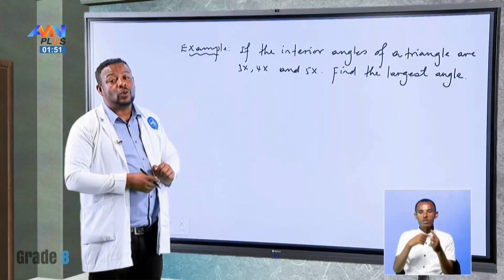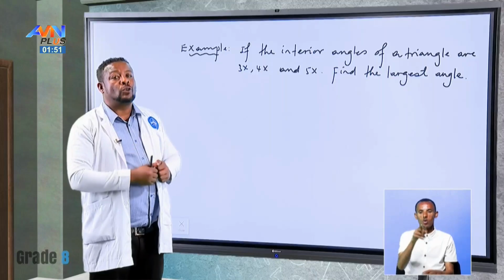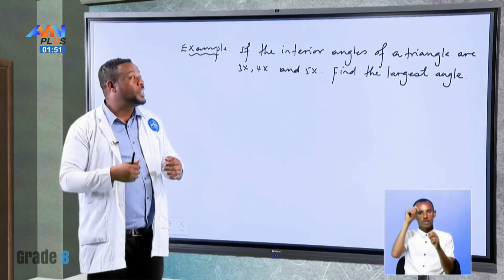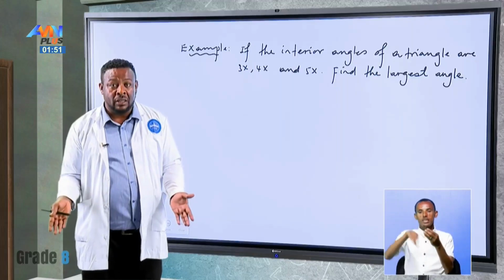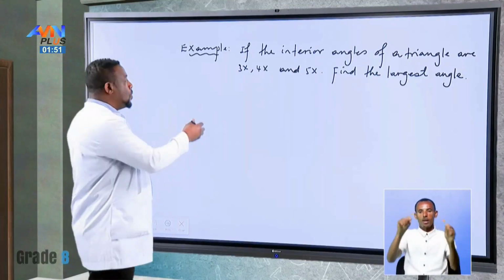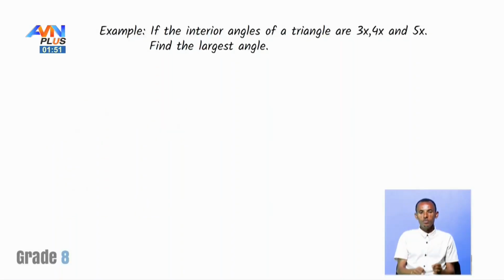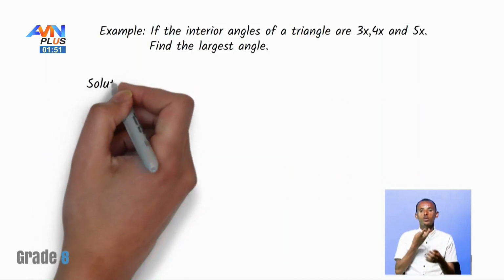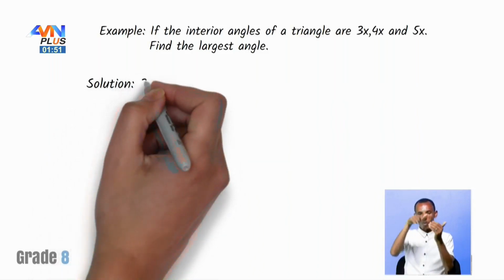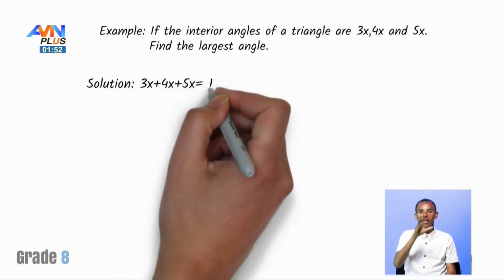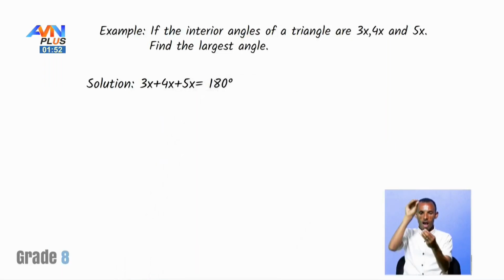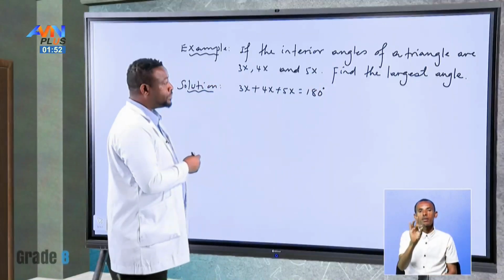To answer this question, you need to follow Theorem 5.1, which deals with the sum of the interior angles of a triangle, nothing more. So here we need to add all these interior angles: 3x, 4x, and 5x add up to 180 degrees, right?